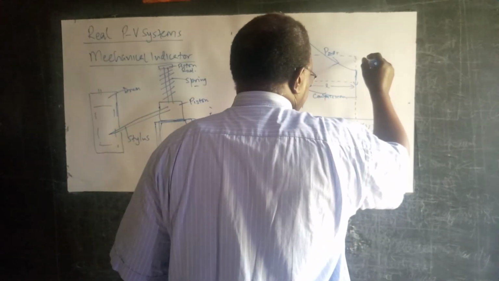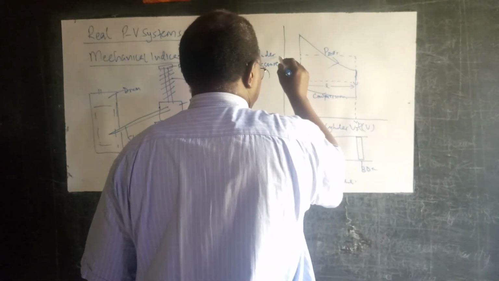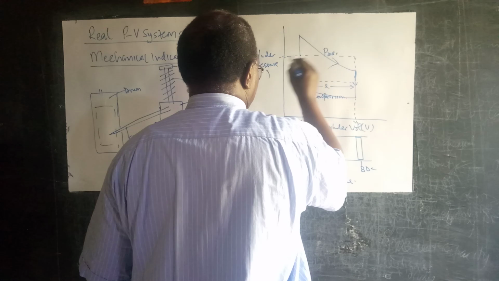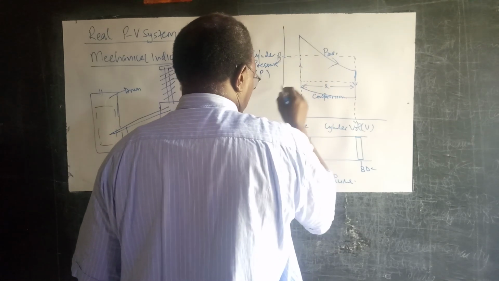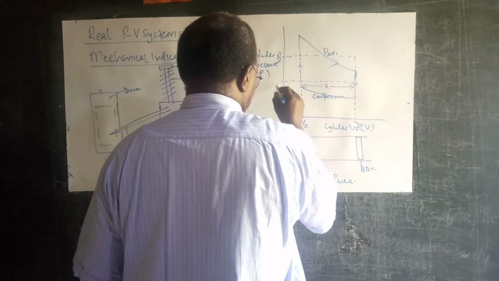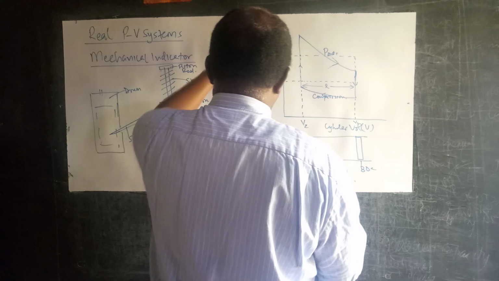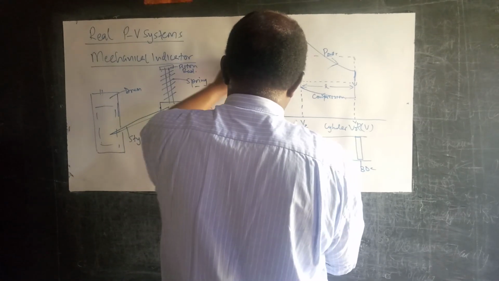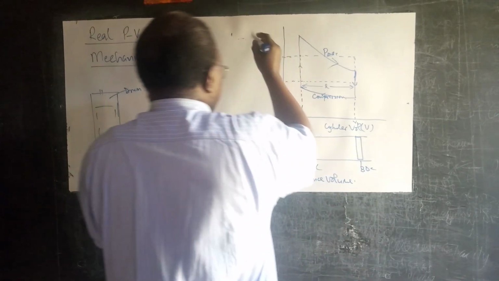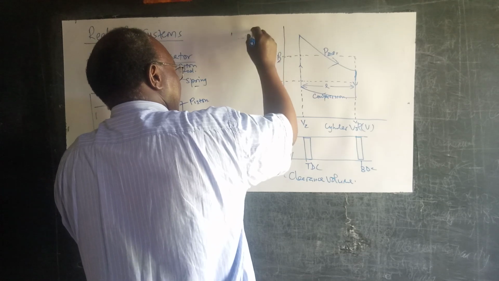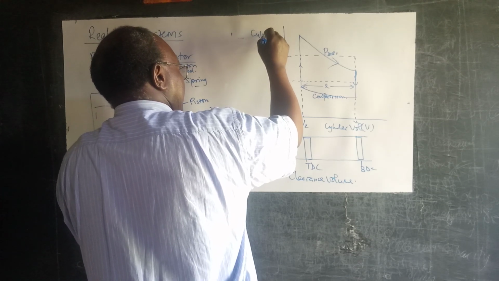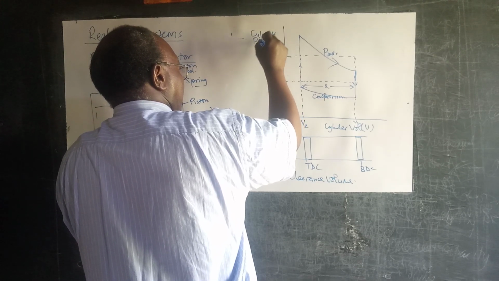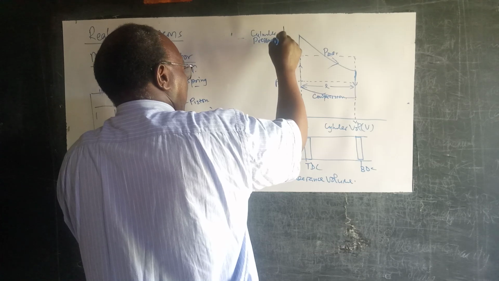And this quantity here, call it P2, call it P1. Let's erase this so that we get clearly what we want here. Let's just call this cylinder pressure, P.